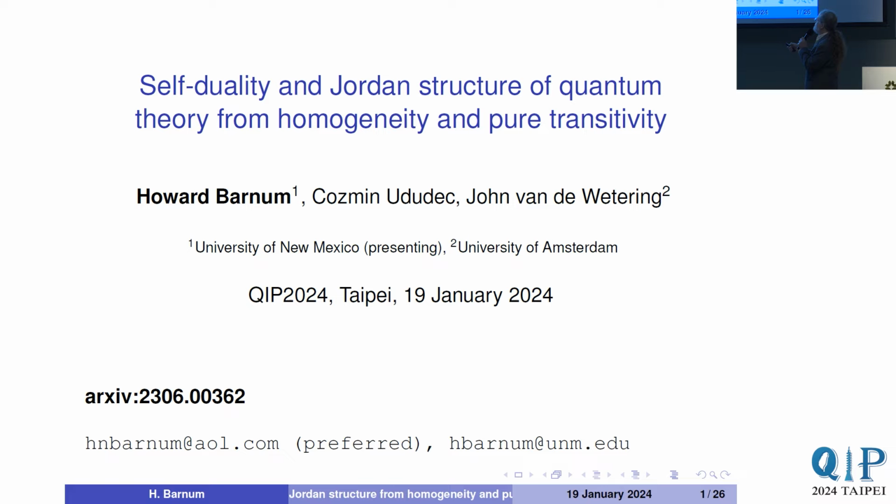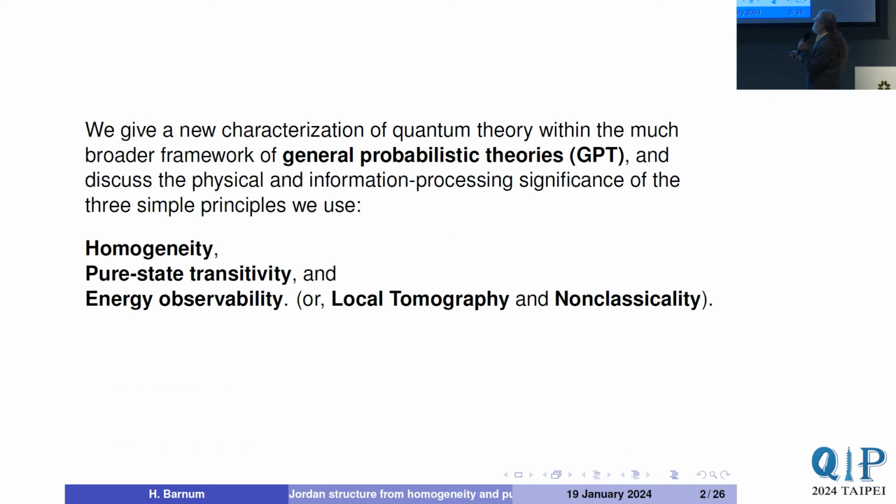So apologies for the slightly technical talk. I'm going to define all of these things, and I'm going to make them hopefully much more information theoretically appealing and intuitive. So the main result is a new characterization of quantum theory within a much broader framework, which is known nowadays as general probabilistic theories, although it has roots in von Neumann's work from the 30s on quantum logic, and a lot of work in the 1960s, especially by Foulis and Randall at UMass, Gunther Ludwig in Marburg, and many others.